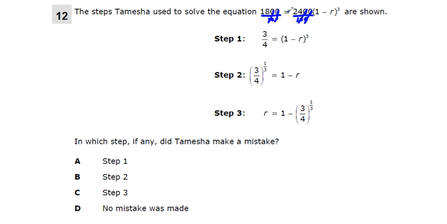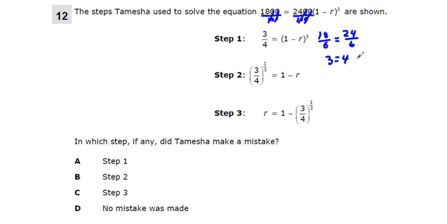And then you can divide both sides by 6. If you take 18 divided by 6, and on the other side 24 divided by 6, you're going to get 3 equals 4.